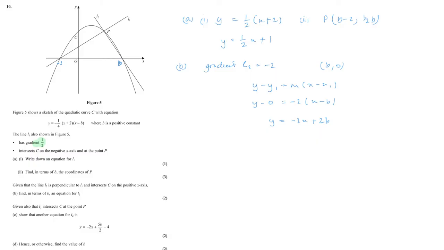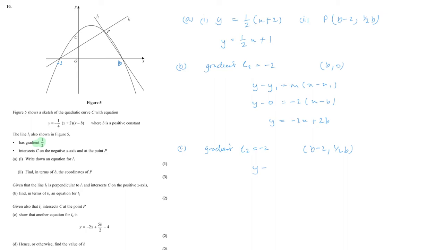Now part C says given that L2 also intersects C at the point P. So for that we need to go with the gradient of L2 is -2, but this time the coordinates b minus 2 and a half b, and create another equation.